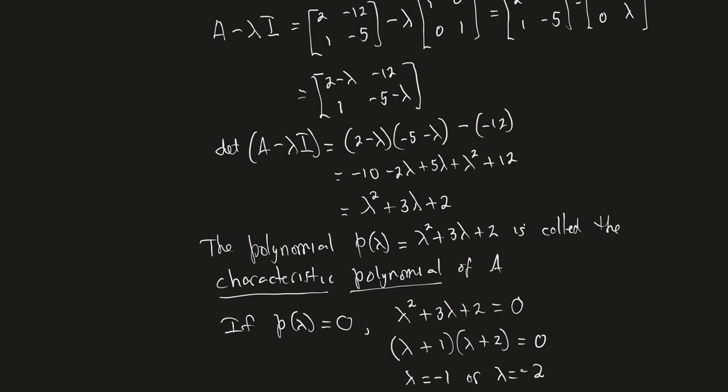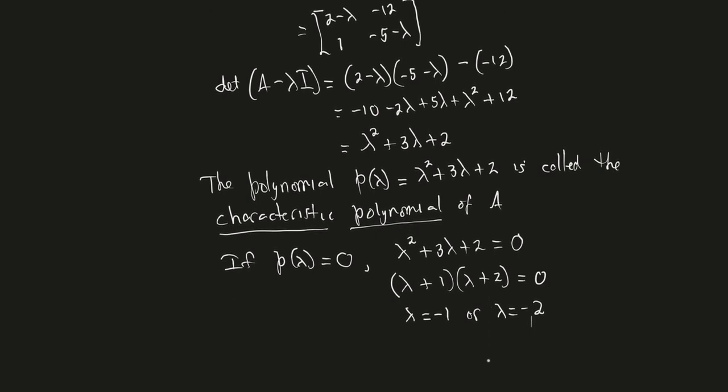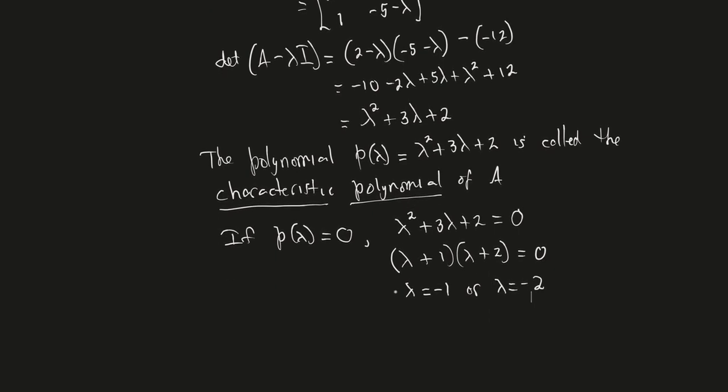Now what we would need to figure out is, what are the eigenvectors that are associated with this value, and similarly, what are the eigenvectors associated with this value. All right, so what we're going to do is go back to the original. So now we're going to turn to that homogeneous system.